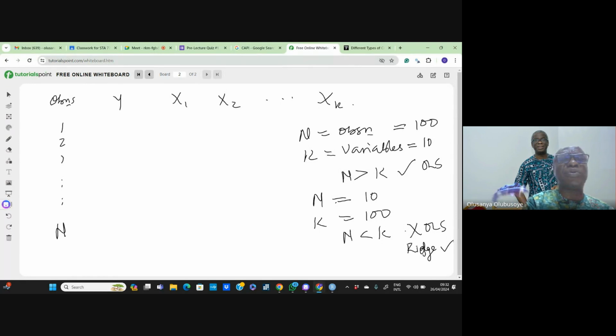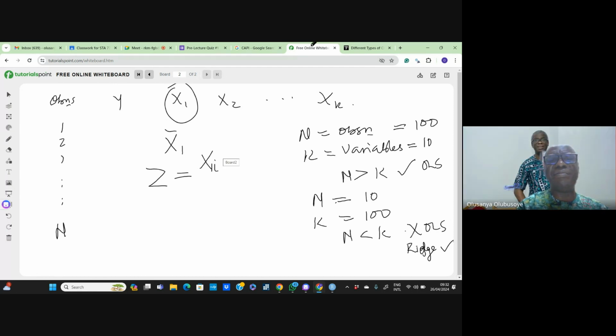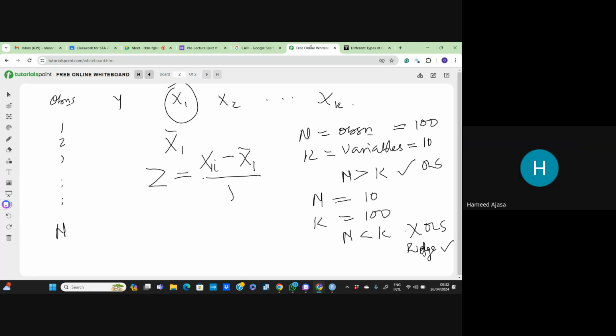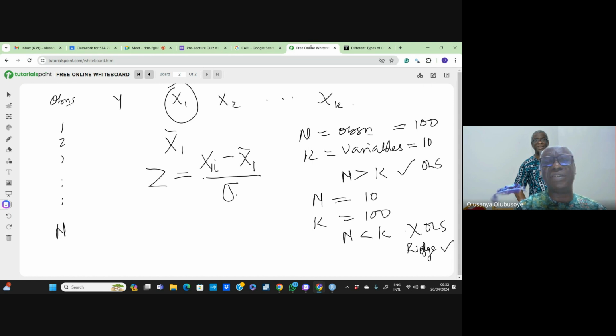Yes. So if I'm to standardize x1, it means I will find the mean, x bar 1, and then I will apply z equals x1i minus x bar 1, divided by the standard deviation for x1, because this one will also have its own standard deviation.